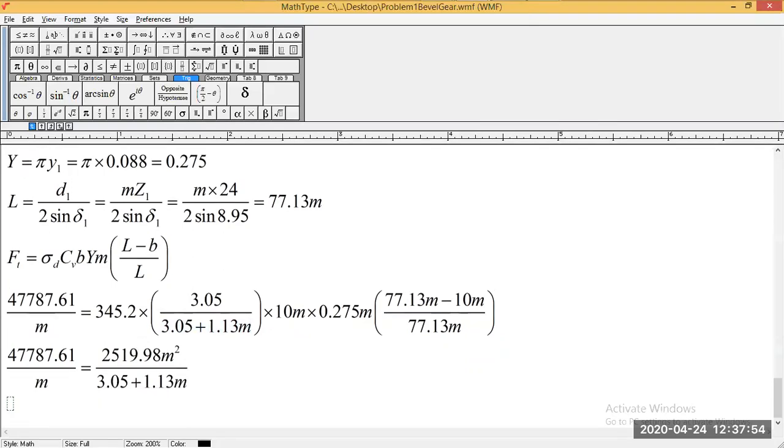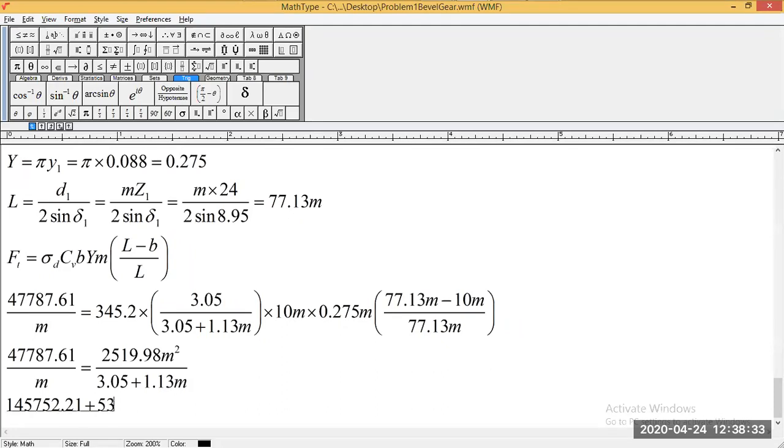Okay, you can post in the group chat if you are calculating your homes. This M cancels out, so right. So simplifying further, this thing I'll get as 47787.61 times 3.05 is 14575.21 plus this is 1.13, getting 53, let's say 54.